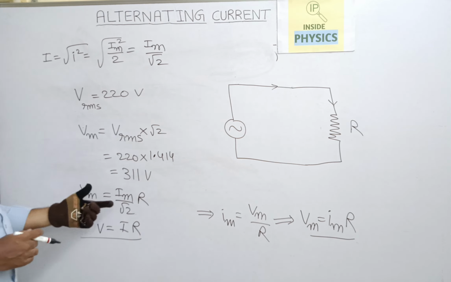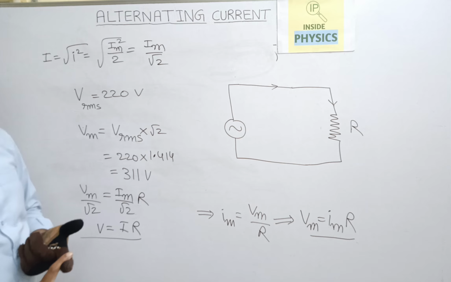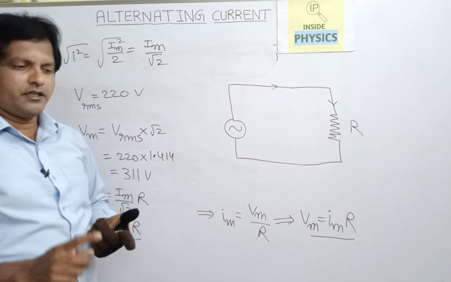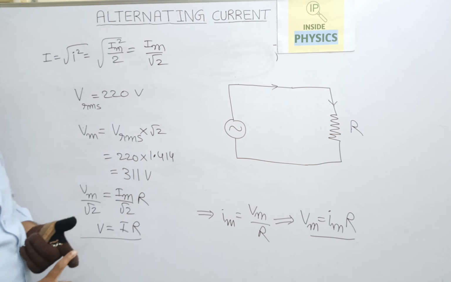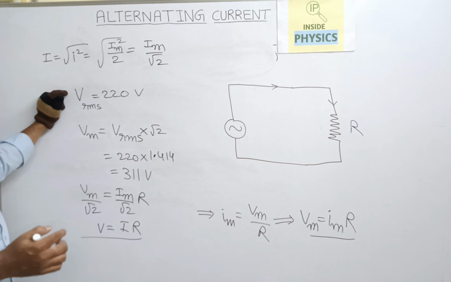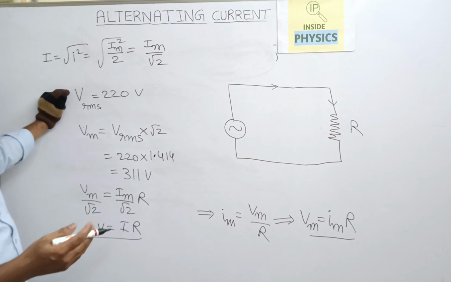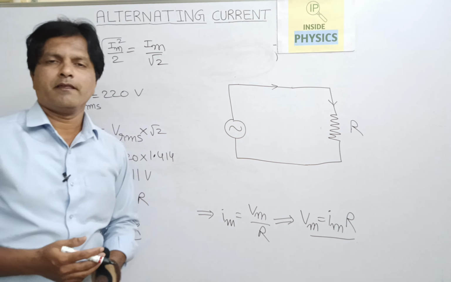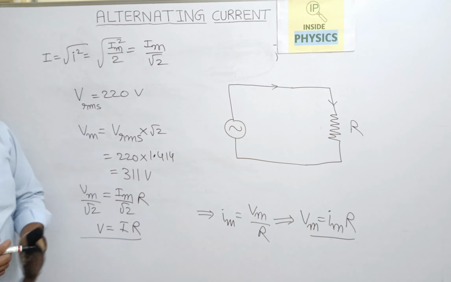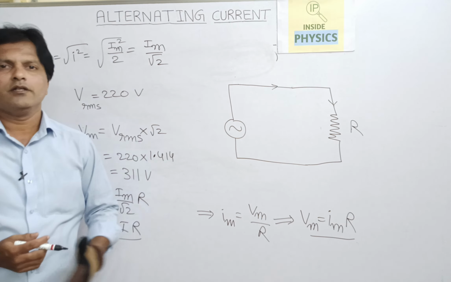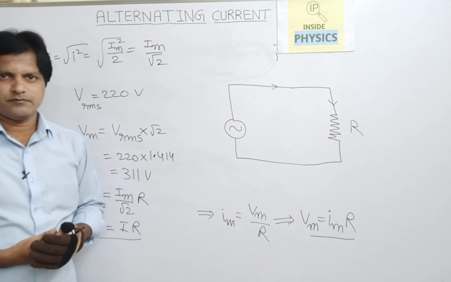So whether it is an RMS current, average current or a DC current, Ohm's law is valid for all purposes in every circuit. So this is all about alternating current given to a simple resistive circuit. Thank you.